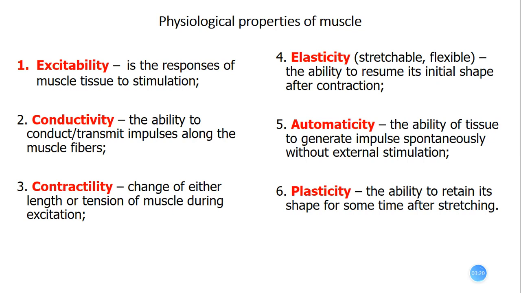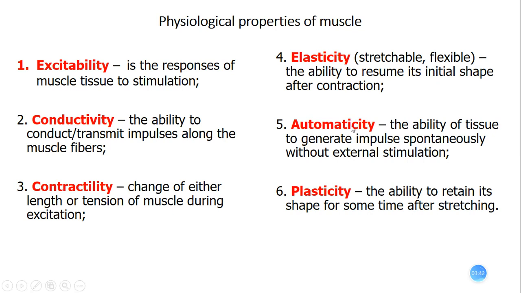We will talk about this one, we have different types of contraction. And then we have elasticity, and here we give two more words: stretchable and flexible. It's the ability to resume its initial shape after it contracted.